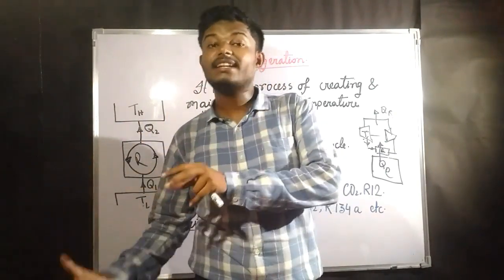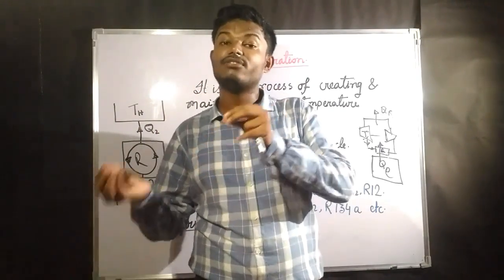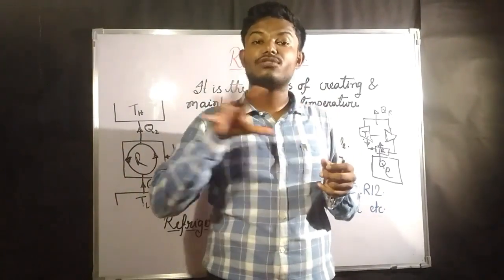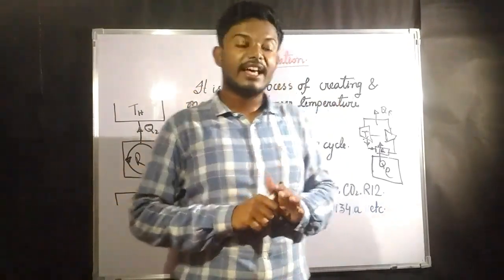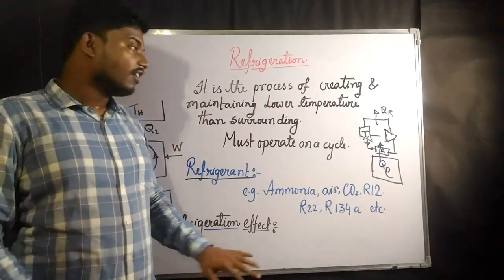Now to take the temperature of that space from 27 degrees centigrade to 5 degrees centigrade, the amount of heat that has to be taken out from that space is known as the refrigeration effect.